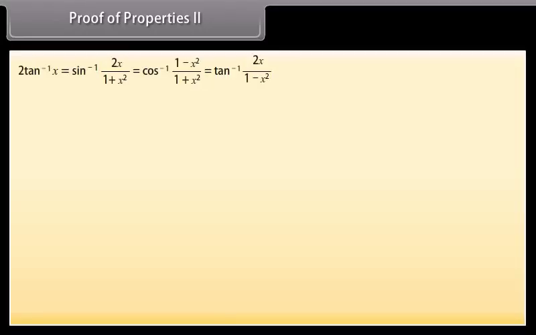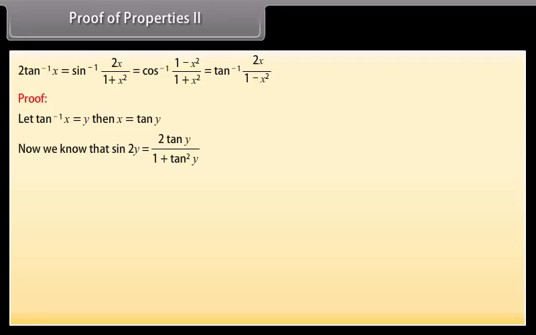Proof of properties 2. 2 tan inverse x is equal to sin inverse of 2x by (1 plus x square), which is equal to cos inverse of (1 minus x square) by (1 plus x square), which is equal to tan inverse of 2x by (1 minus x square). Proof. Let tan inverse x is equal to y, then x is equal to tan y. Now, we know that sin 2y is equal to 2 tan y by (1 plus tan square y).